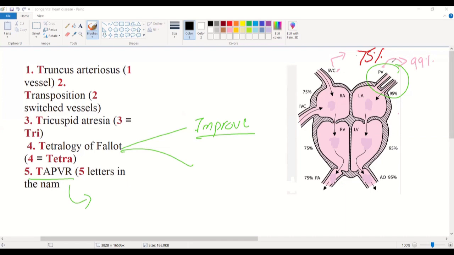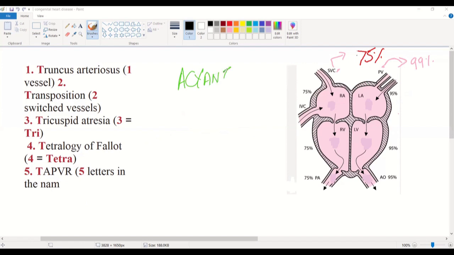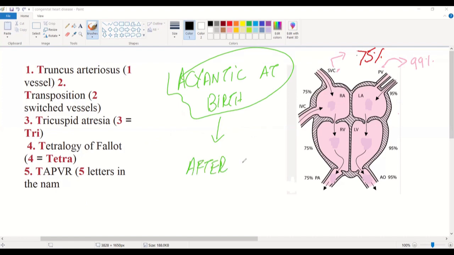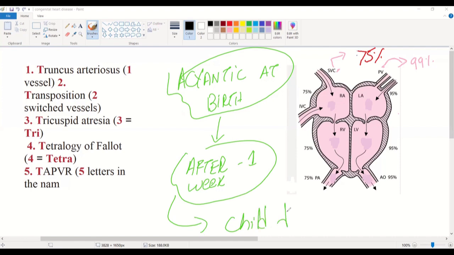Okay, one more thing. Sometimes they ask a question: a child is acyanotic at birth, and after one week, after a few days, the child develops cyanosis.